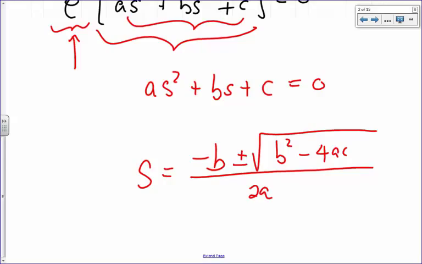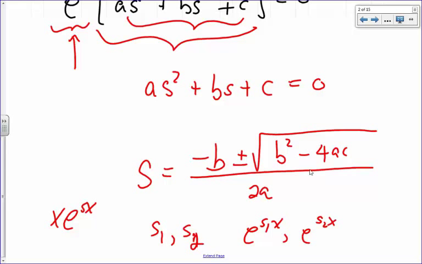So there are two possible s values, unless it's a perfect square, in which case there's only one s value. And in that case, x times e to the sx is also a solution. But in this case, you're going to have two possible values of s. Let's call them s1 and s2. Then the two solutions are e to the s1x and e to the s2x.